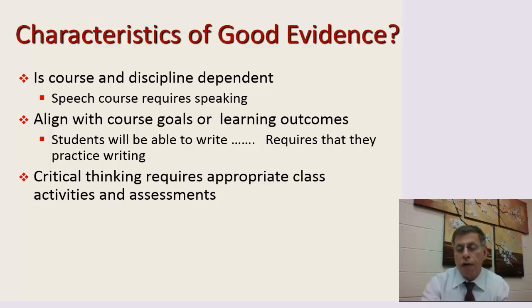Critical thinking is often one of the goals of an education, but it's also one of the outcomes for many courses. Students will be able to think critically about X: microbiology, pathogenics, immunology. And this requires appropriate class activities, but equally it requires the appropriate types of assessments so that we can measure critical thinking.